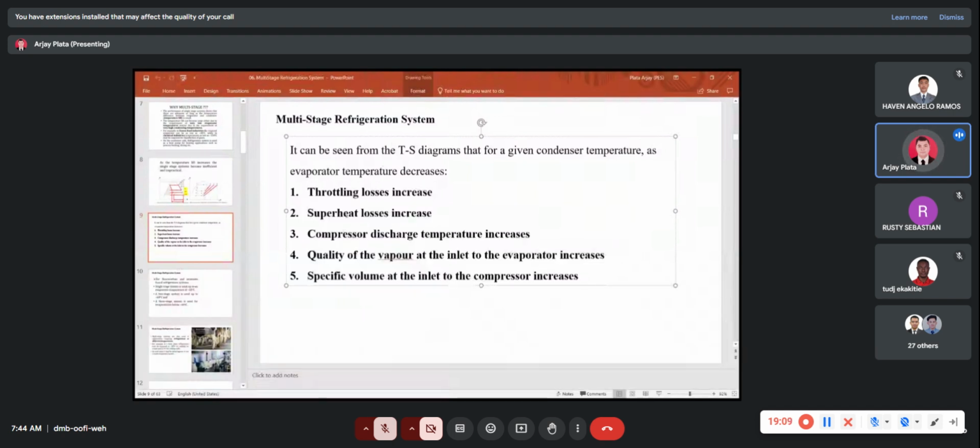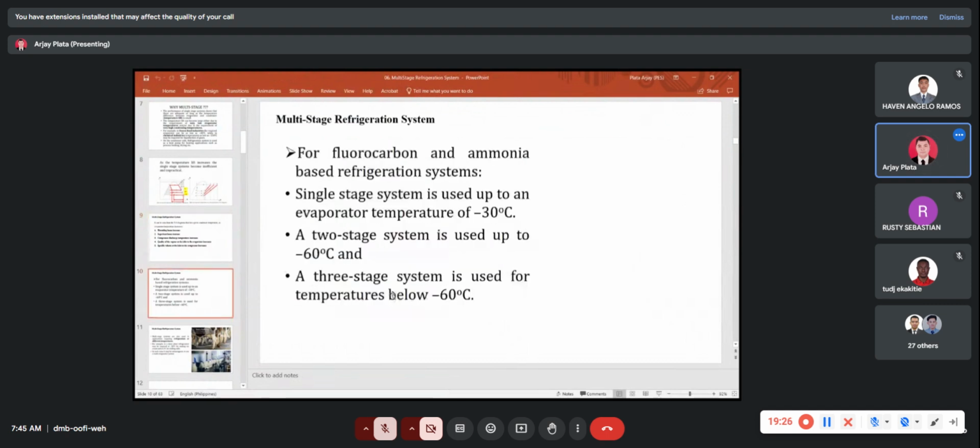So we have throttling loss, superheat loss, and effects on other parameters.